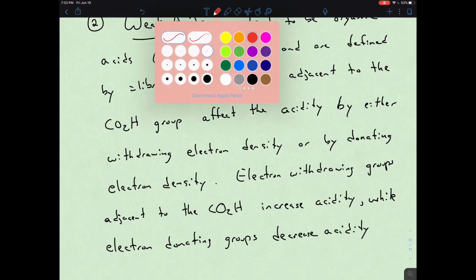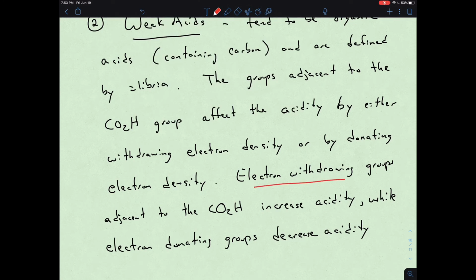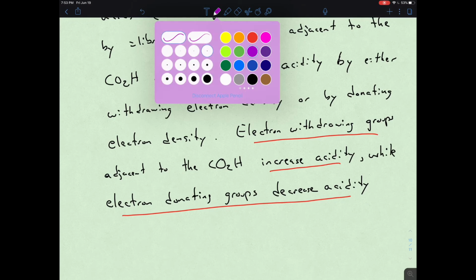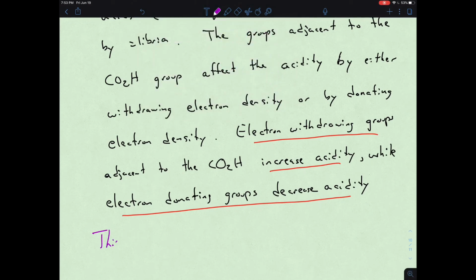So that's what we have to look at, this idea of electron withdrawing groups that increase acidity, while then we have electron donating groups that decrease that acidity. And so this type of push and pull on electrons is known as the inductive effect.